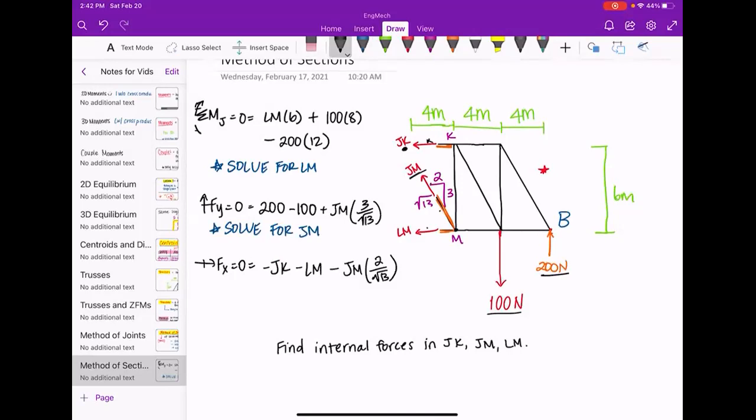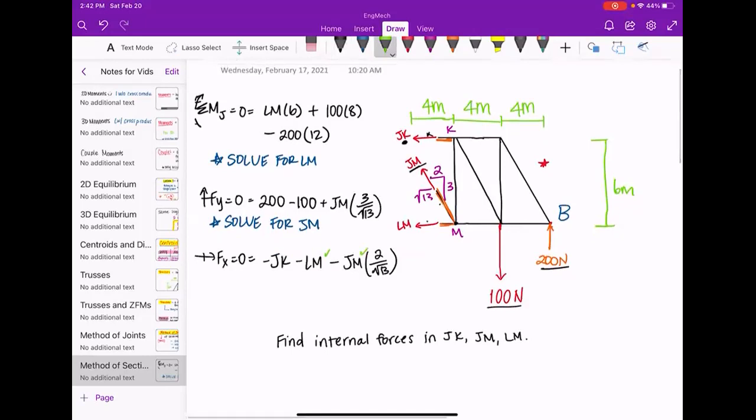And then none of the external forces are going in the X direction. Oh wait, no. I know these two already. So then I can solve this for JK. And now I have found JK, JM, and LM.